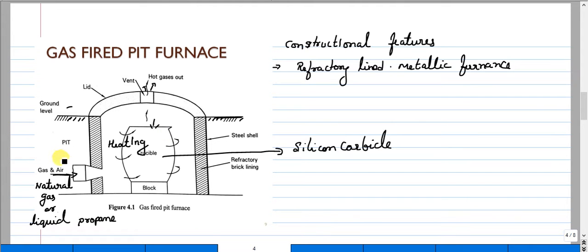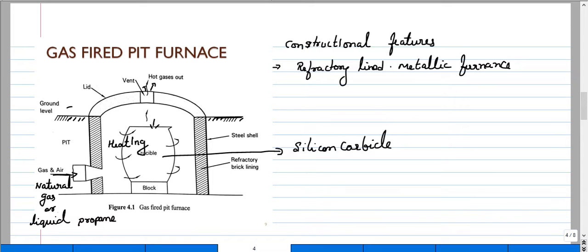When you direct the natural gas or liquid propane through a passage, there will be a flame. That flame will heat the crucible, and the raw material kept inside the crucible will start to melt.